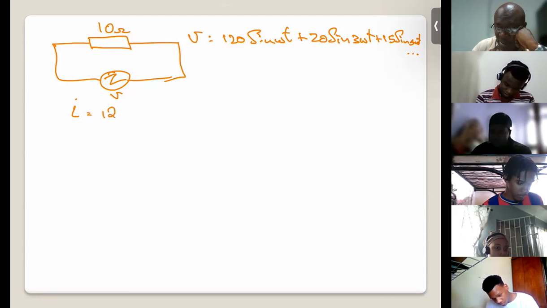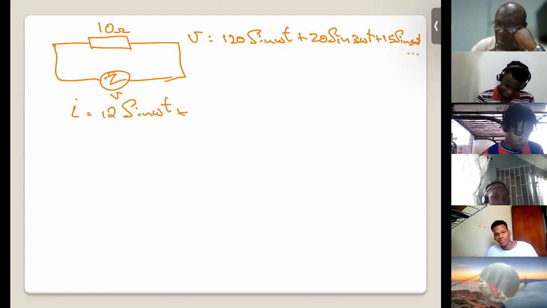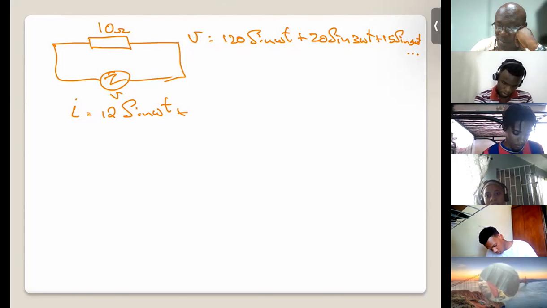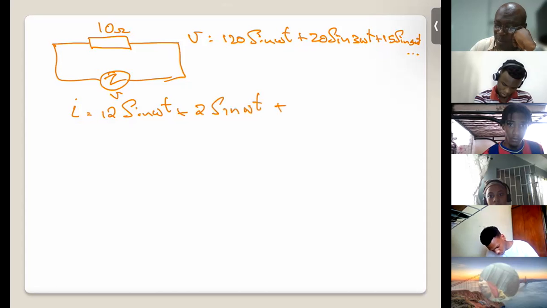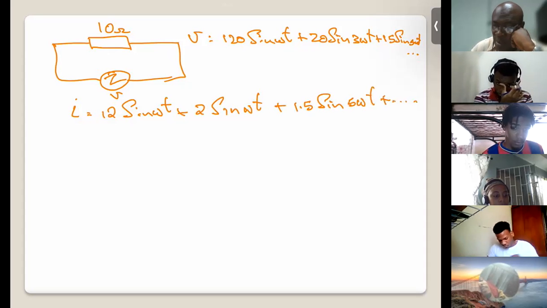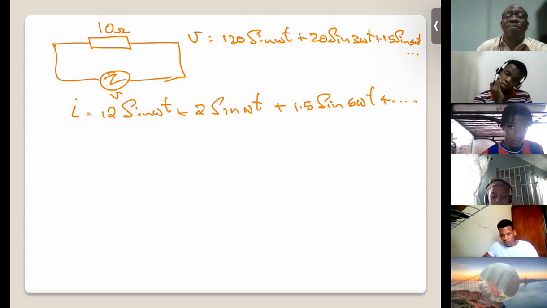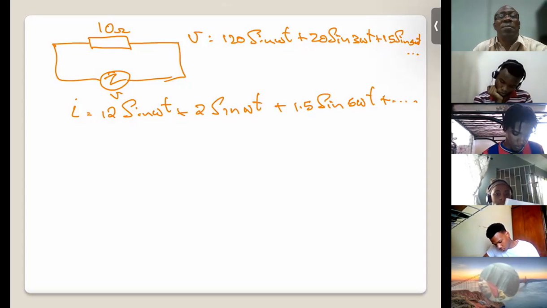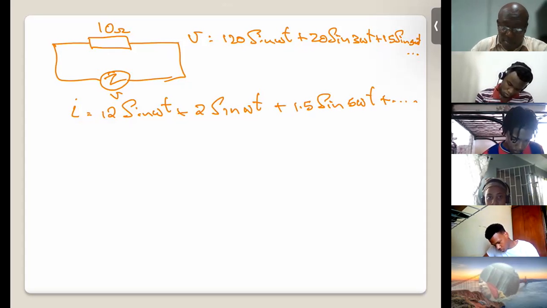Thank you. So it's 12 sine omega t plus 2 sine 3 omega t plus 1.5 sine 5 omega t. All right, good, and that's it. So that's the current expression. That's part A.